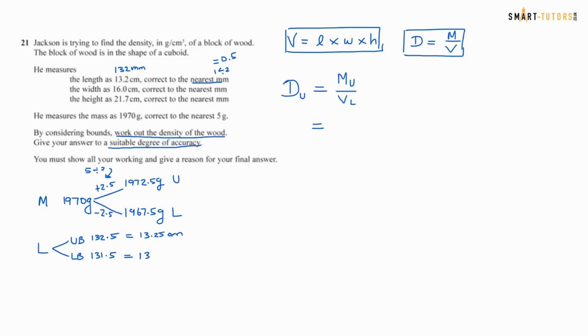I'm going to convert that into centimeters. So 13.25 centimeters is the upper bound and 13.15 is the lower bound. In the same way you can find the width: 16.05 and 15.95, both in centimeters.